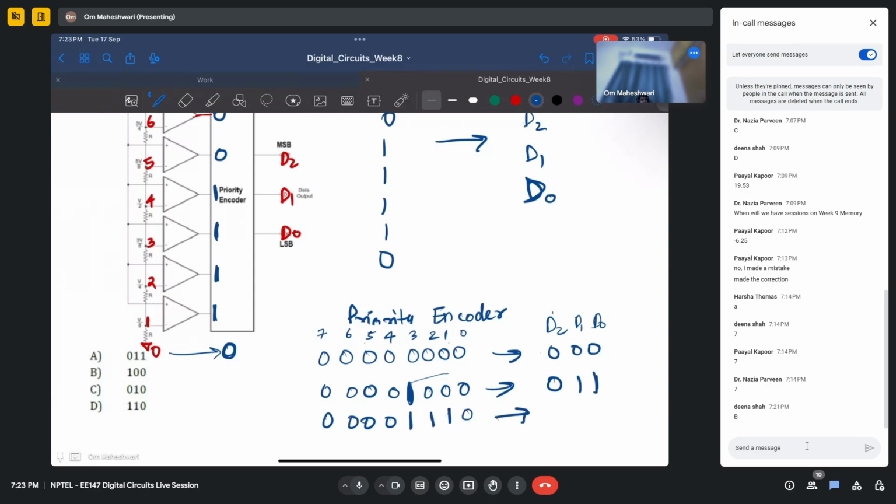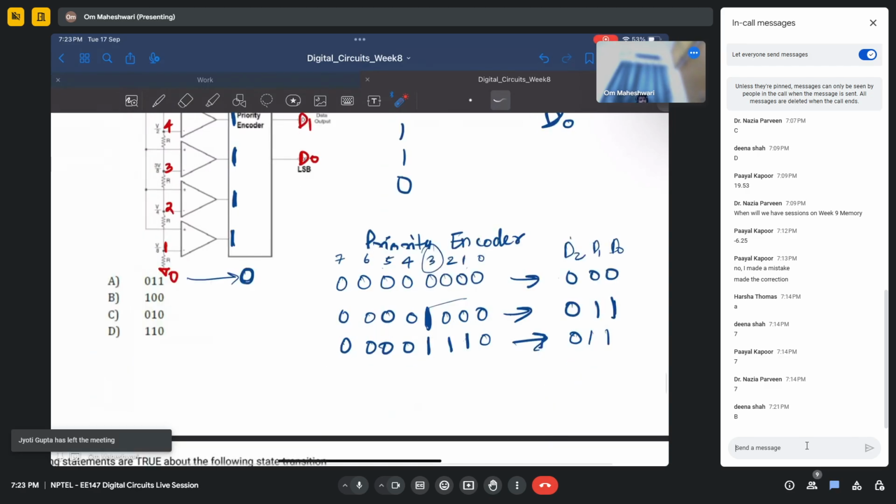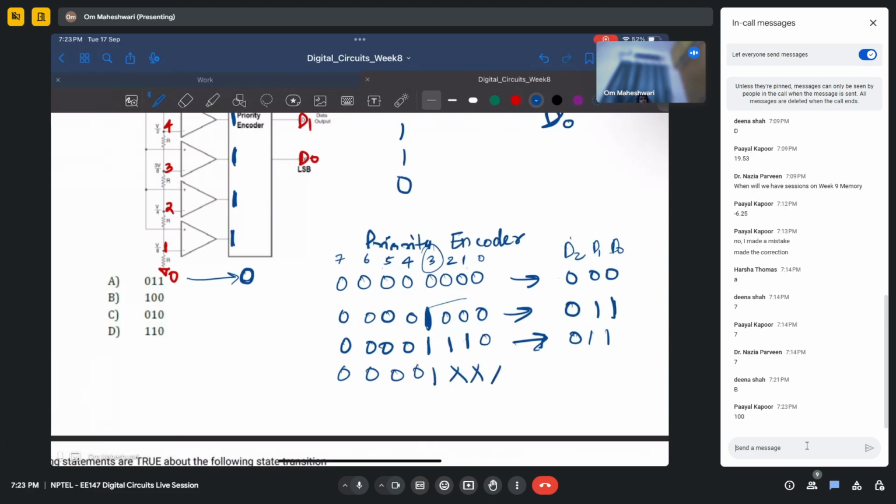Then also your output will be 0, 1, 1 corresponding to this 3. Why is that? Because it is a priority encoder. It will give priority to the leftmost one, or more towards MSB. Let's say it was 1 here and whatever it was here, it won't matter. Your output will be 7. So corresponding to 7, it would have been 1, 1, 1. Or simply you can write maybe like 0, 0, 0, 0, 1, cross, cross, cross. It does not matter what is in these digits. It will always be corresponding to 3.